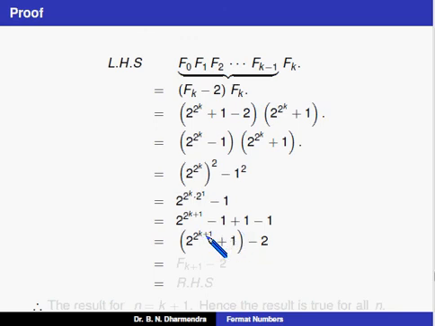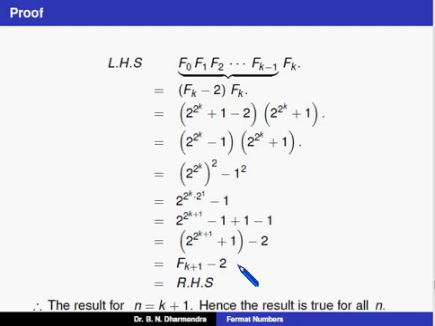That is this value, because fk can be written as 2 to the power of 2 to the power of k plus 1. When I replace k by k plus 1, that is f suffix k plus 1 is equal to 2 to the power of 2 to the power of k plus 1, hence that's equal to the RHS. So therefore the result is true for n is equal to k plus 1, hence we conclude the result is true for all n.